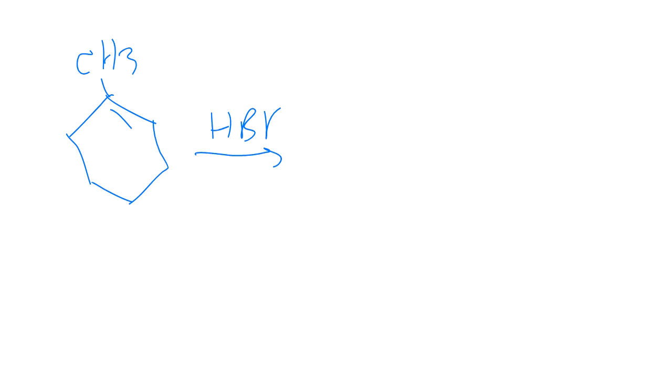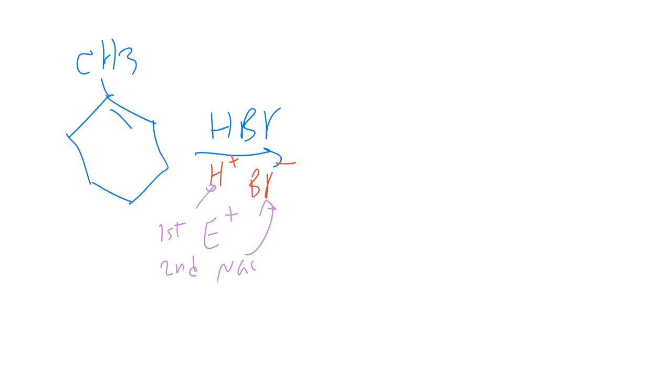The electrophile is going to add first, so we have an H plus and a Br minus, and it is going to happen in 2 steps. This is what we are thinking before we even write the mechanism for this reaction. The electrophile is going to come in first, so that's the first step. In the second step, the nucleophile would come in. Your nucleophile is Br minus, and the electrophile is H plus.